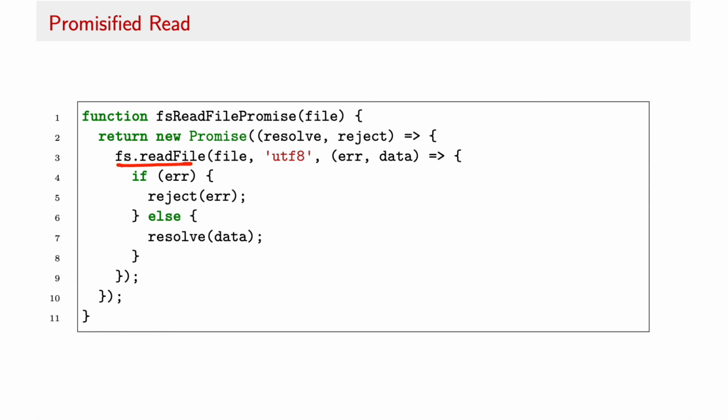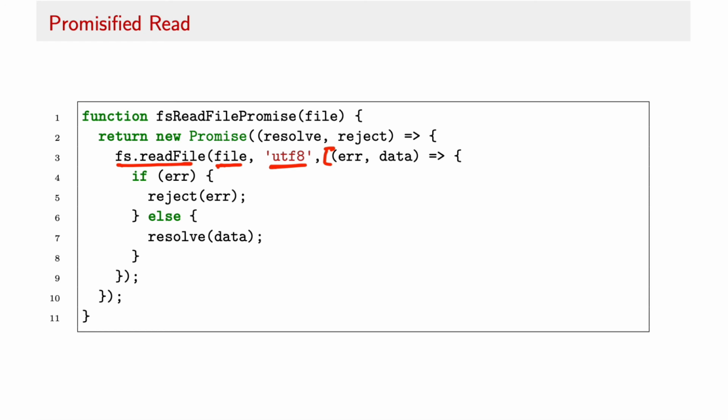To read from a file, we call fs read file, we pass in a file name, we tell it the Unicode encoding, and then we pass it a callback function that interprets the results of that asynchronous operation. That's all fine and good. What we want to do here is create a promise that has the same behavior as the underlying fs read file, so that we can use that promise elsewhere in our code and realize all the benefits of having promises.